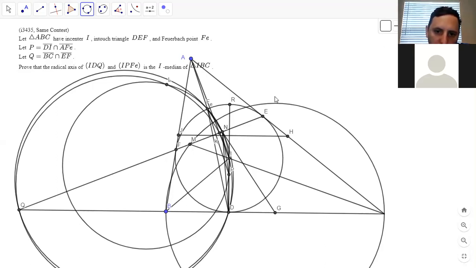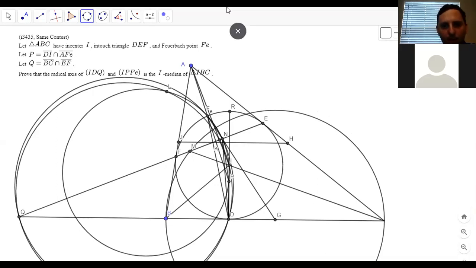But wait. Oh, Geo King says GND equals FEQD, which is FEIR.